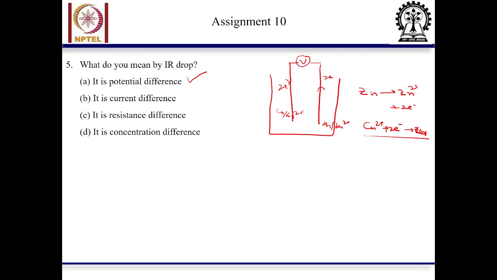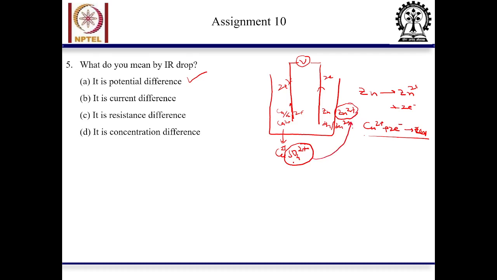So suppose here we have this zinc, right? Zinc went to zinc 2 plus, and here copper 2 plus went to copper. Now suppose you have taken copper sulfate. Here we have the sulfate ion, copper 2 plus, and here the zinc 2 plus ion is there.